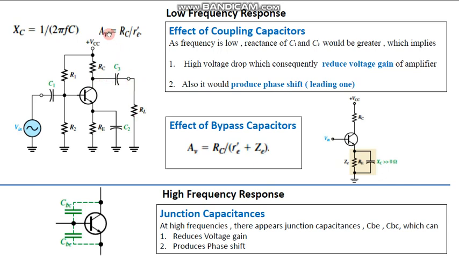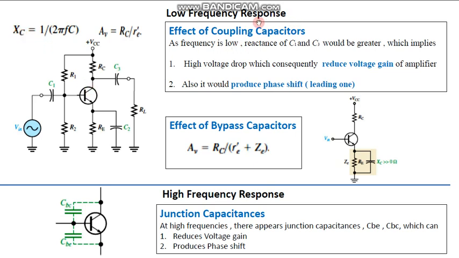This is a common emitter amplifier. The typical voltage gain is RC divided by RE prime, and this is a relation of frequency and the reactance of the capacitors.